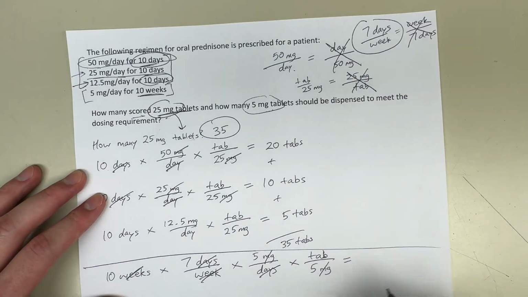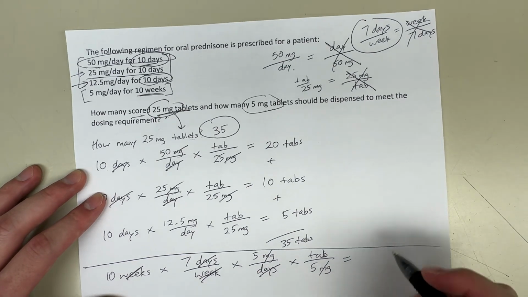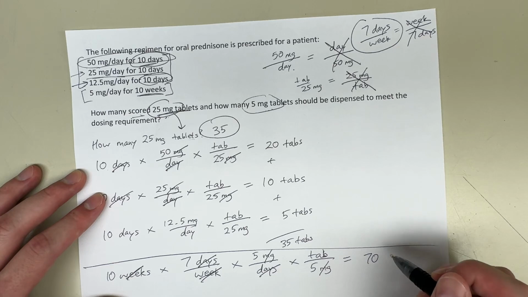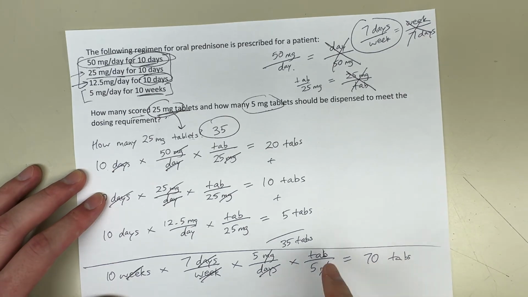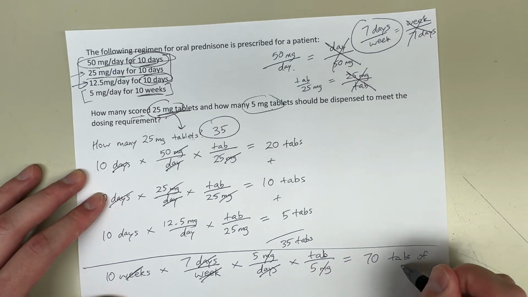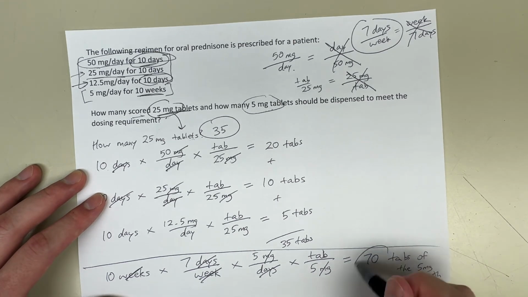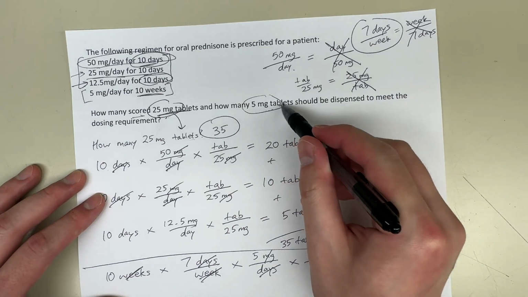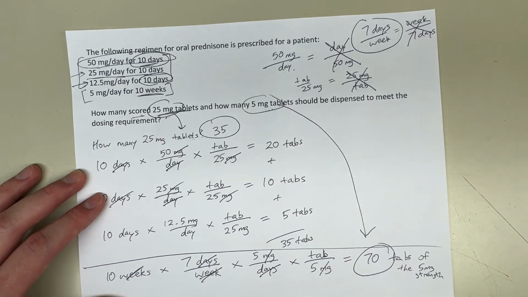So 10 times 7 times 5 divided by 5 equals 70. My answer is 70 tablets of the 5 milligram strength. 70 is my answer for this part of the question: how many 5 milligram tablets?